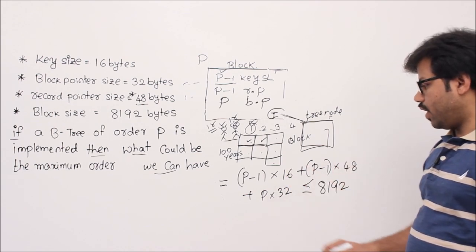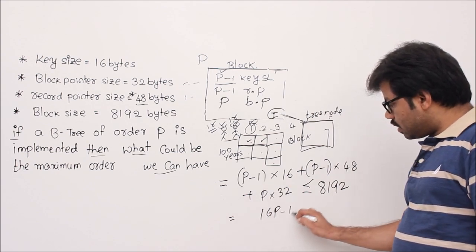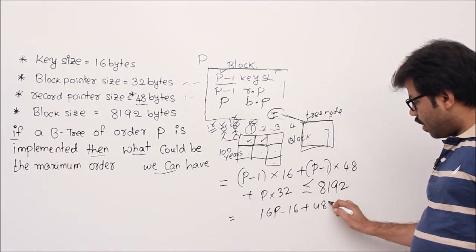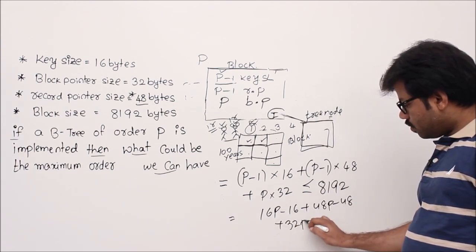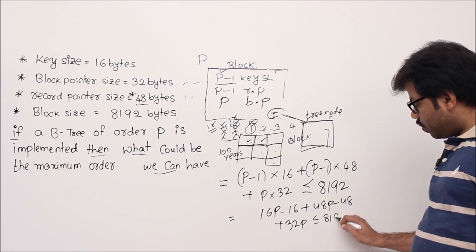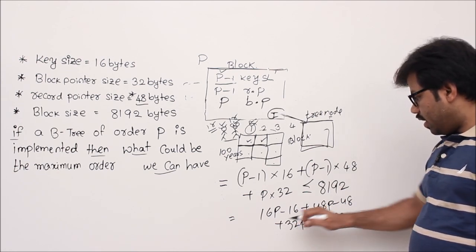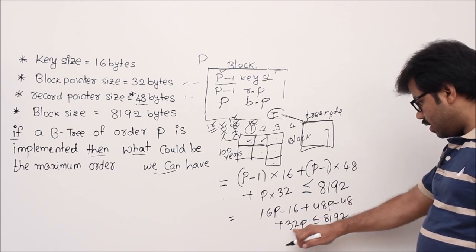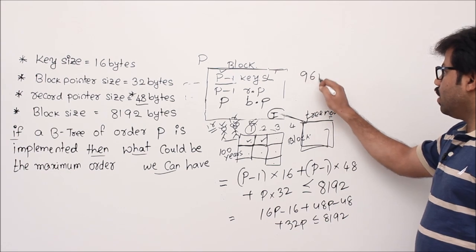So you have to simplify it. If I simplify it, what you get is 16p minus 16 plus 48p minus 48 plus 32p less than or equal to 8192. Okay, so 16 plus 48 is 64, and 64 plus 32 is 96p.